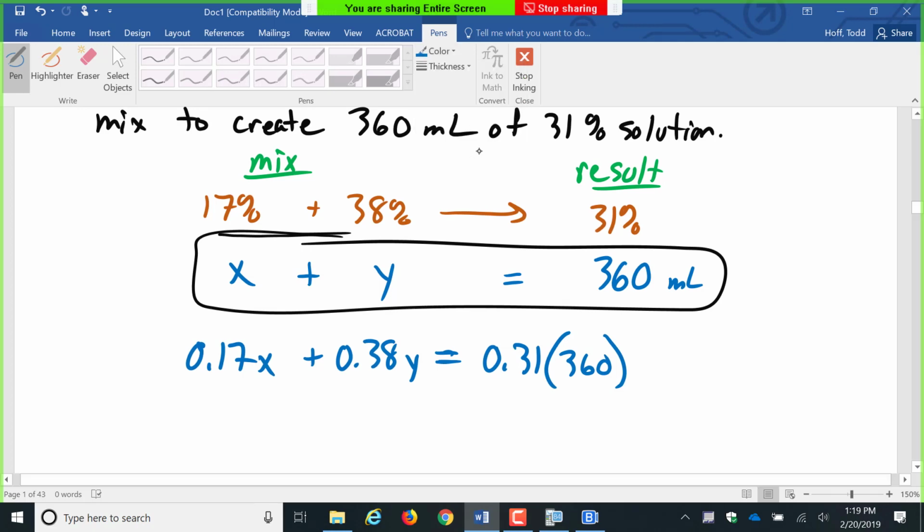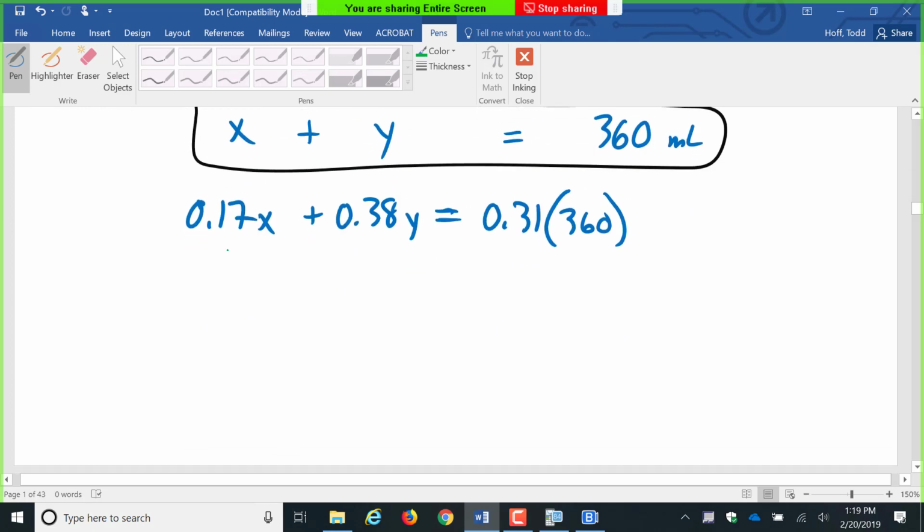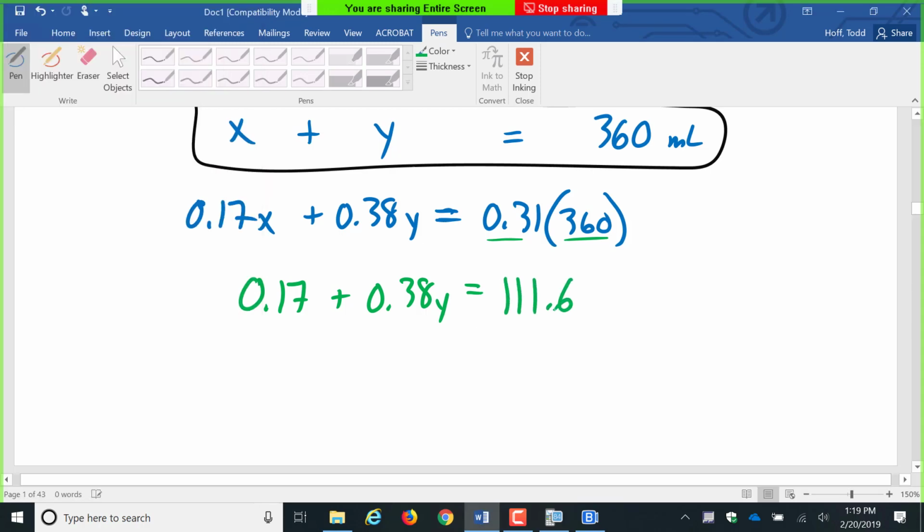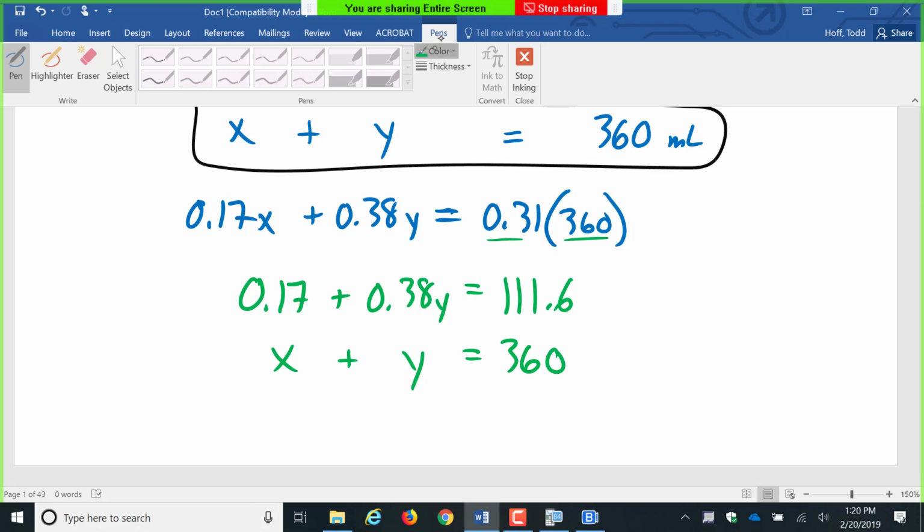So before I actually start to solve this, my ultimate system, I'm going to multiply the 0.31 times the 360. So it's 111.6. And of course, my other equation is going to be x plus y equals 360. I have options here.